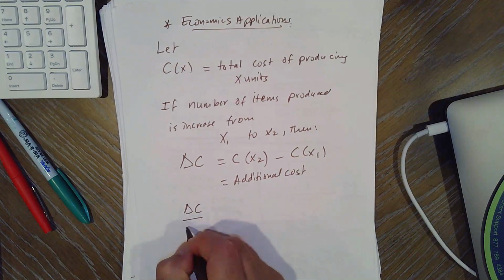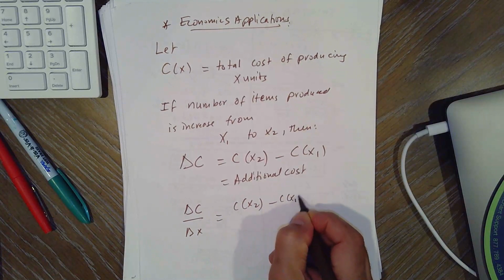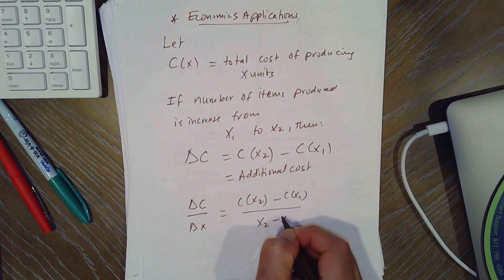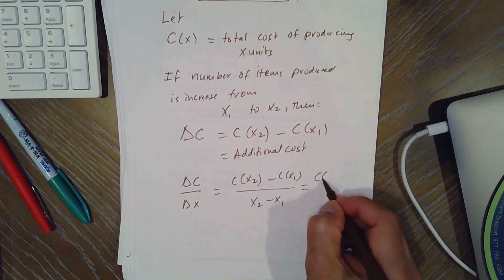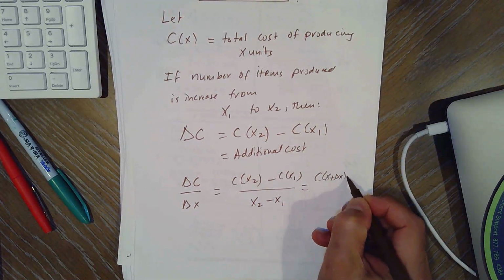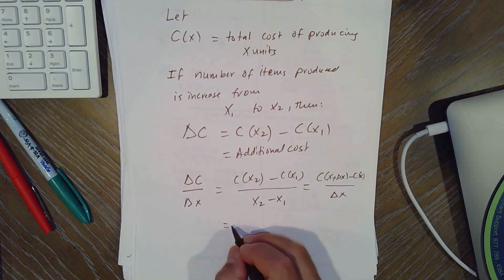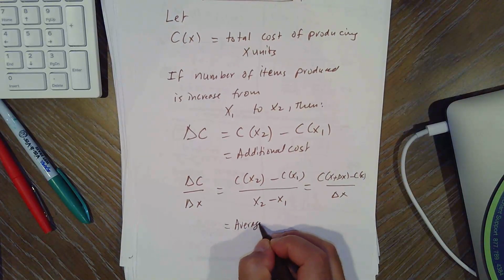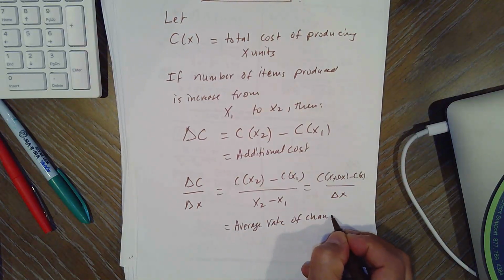And delta C over delta x, which is the change in cost over the change in items, or you can write as C of x plus delta x minus C of x over delta x. You can use this notation. It's the average rate of change, as we know it, of cost.